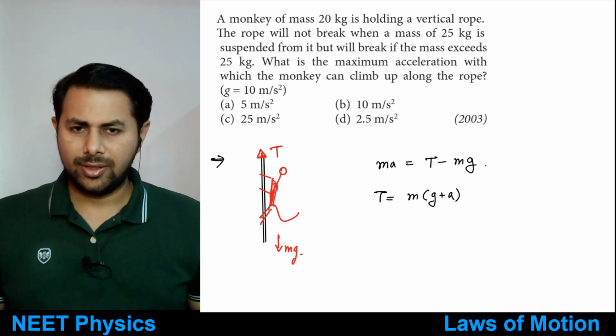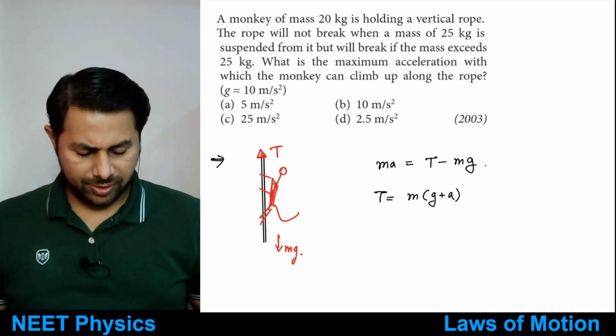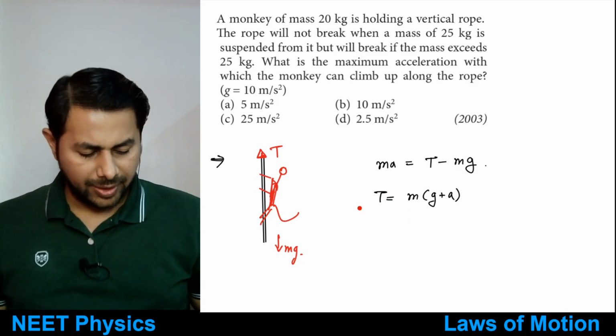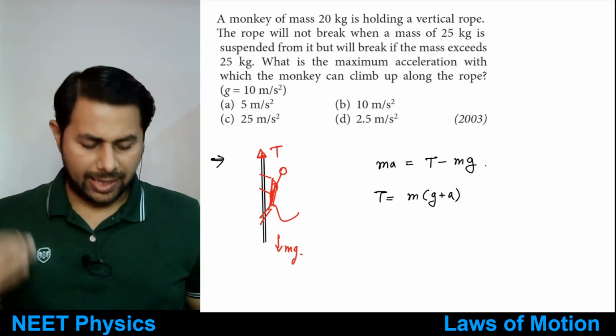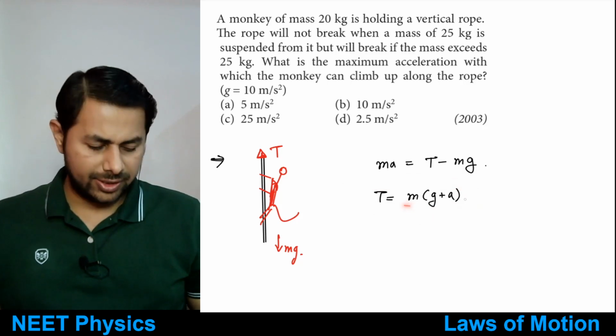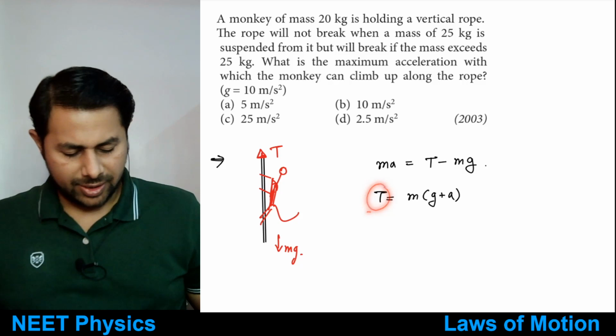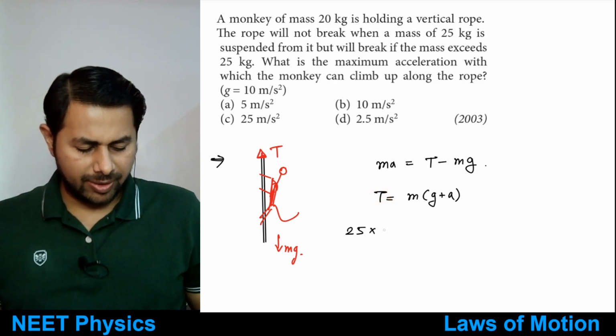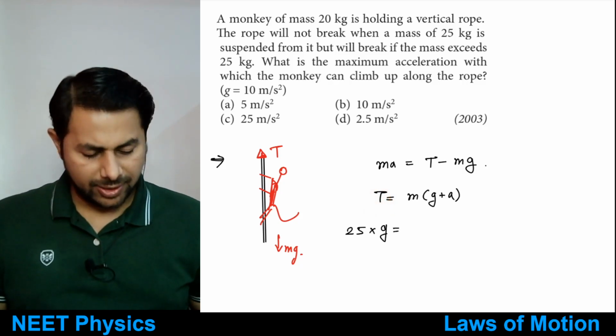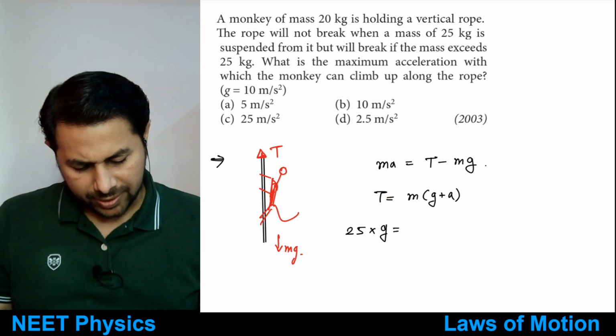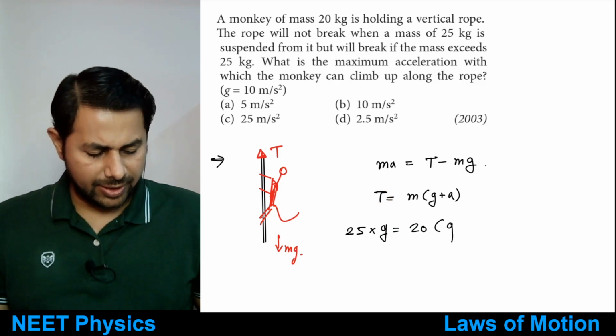This is very, very simple, but it's better if we remember the formula. Accelerating upwards means tension is m into (g plus a). So put the values. The tension is 25 kg weight, 25 multiplied by g, and the mass is 20, right? 20 times (g plus a).